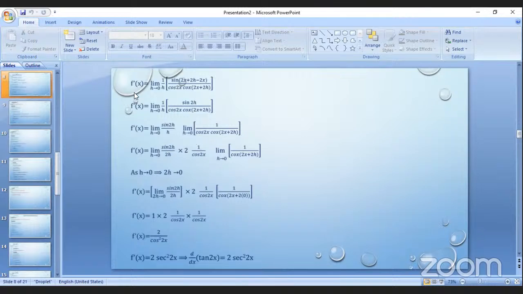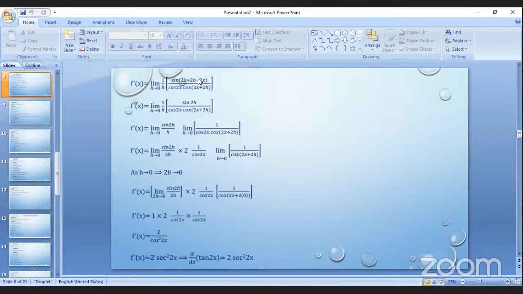f'(x) equals limit h tends to 0, 1 by h of sin(a minus b), that is sin(2x plus 2h minus 2x), by cos 2x into cos(2x plus 2h). The denominator is as it is.